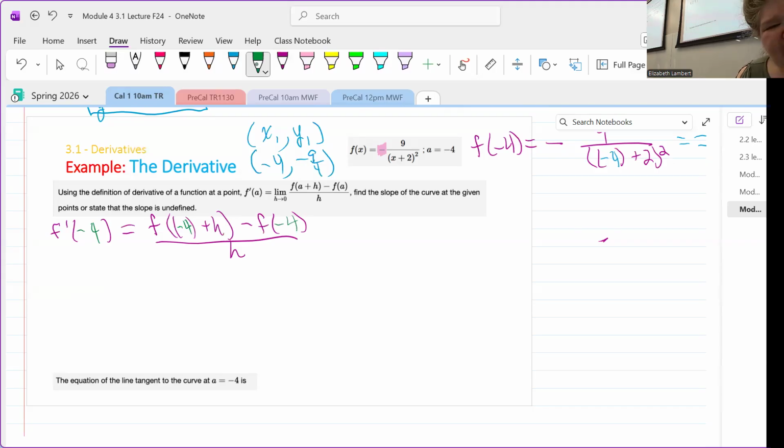So everywhere there was an a, I just put parentheses and I'm filling in that -4. I forgot to write the limit. So f of -4 plus h.